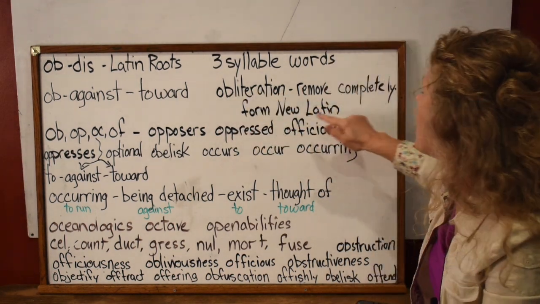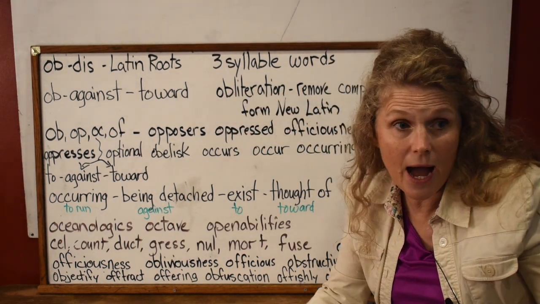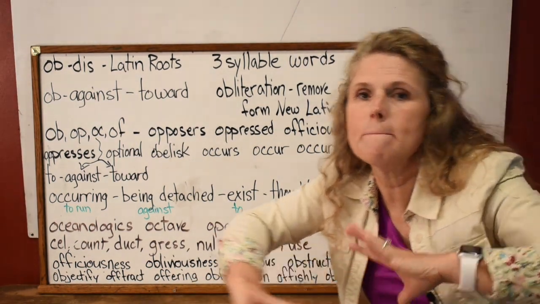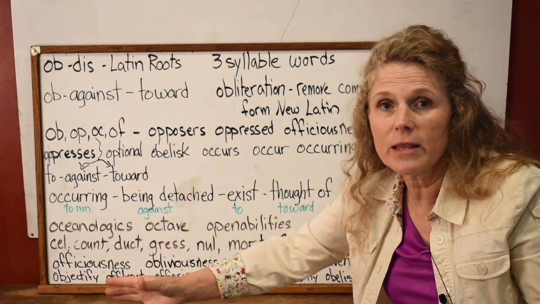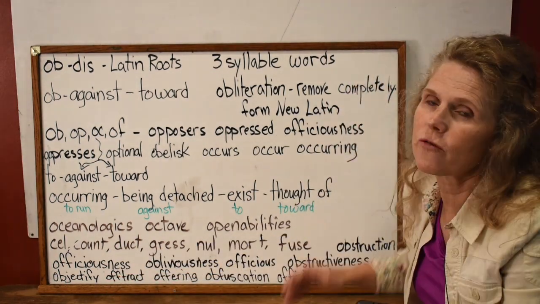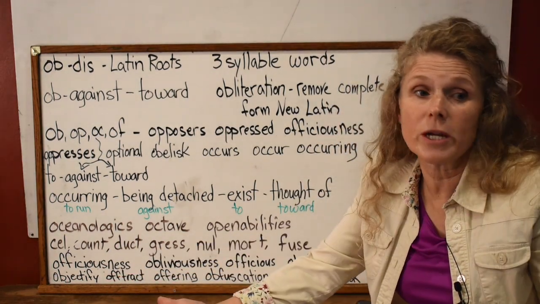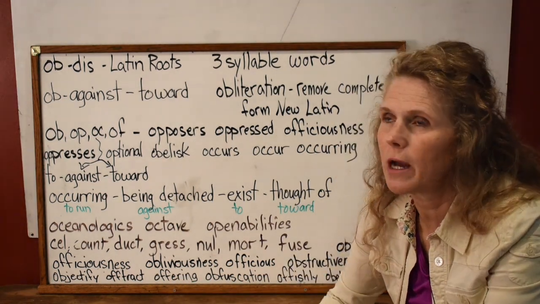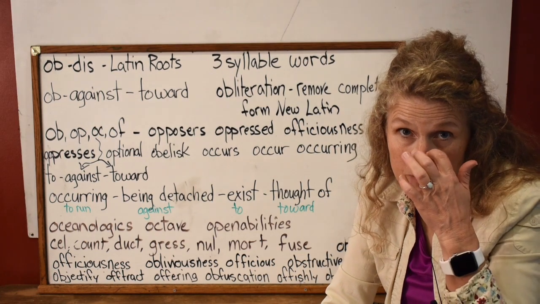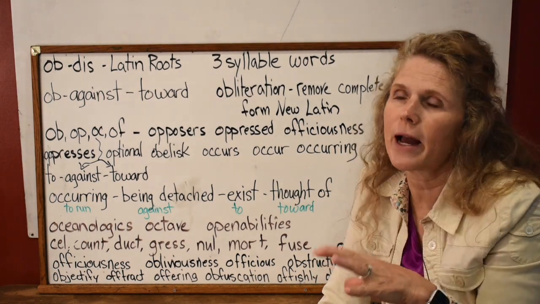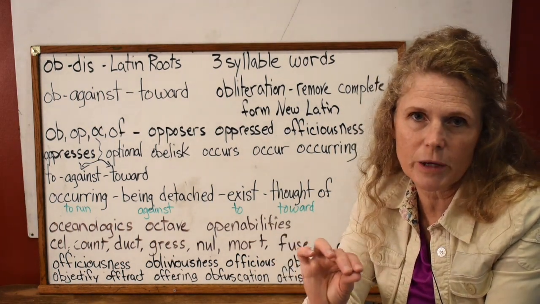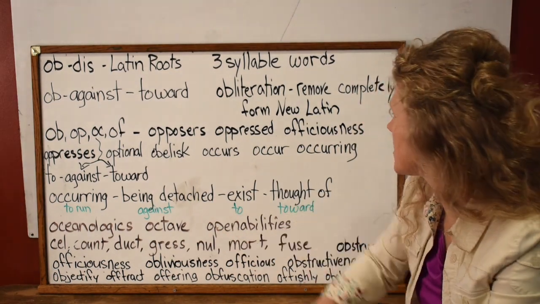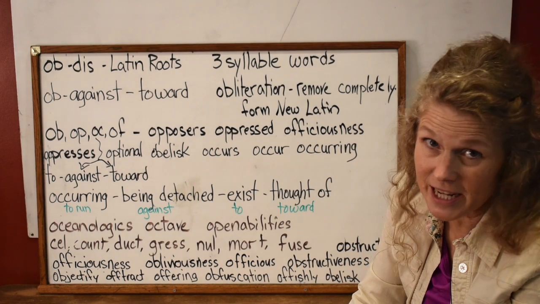Now it's a form of New Latin. So we have really old Latin, right? We have like the Middle Latin, and then we have a newer form of Latin because our language changes. I remember reading about the Egyptian language, and I briefly studied a little bit about Old Egyptian. I think it's completely fascinating, but I don't have time to study it.